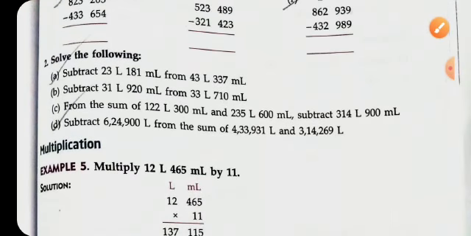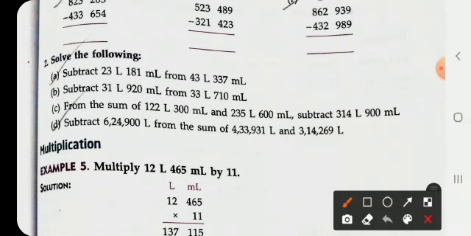Now coming on to solve the following. Now these sums will be done in your copy. Question number 2 in your copy. Let's do the first sum. This is a simple sum where it is said subtract 23 liters 181 milliliters from 43 liters 337 milliliters.